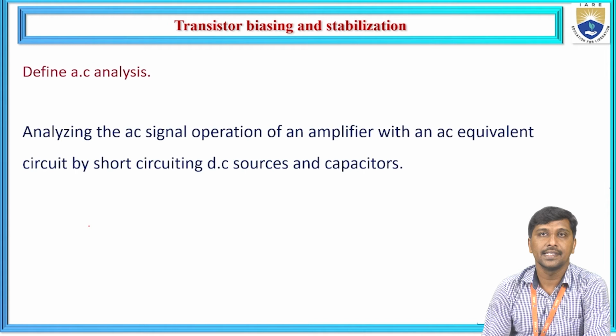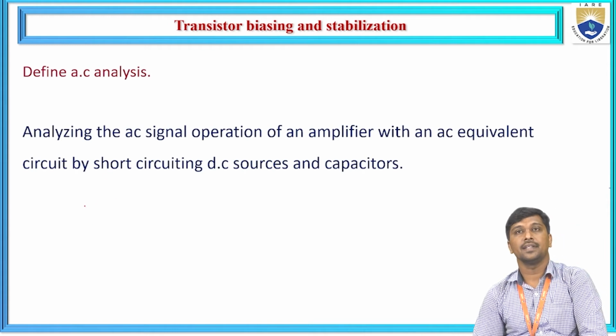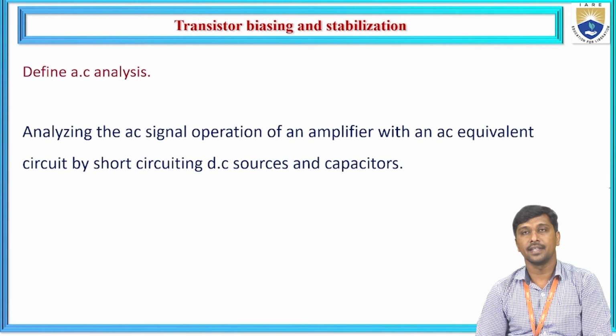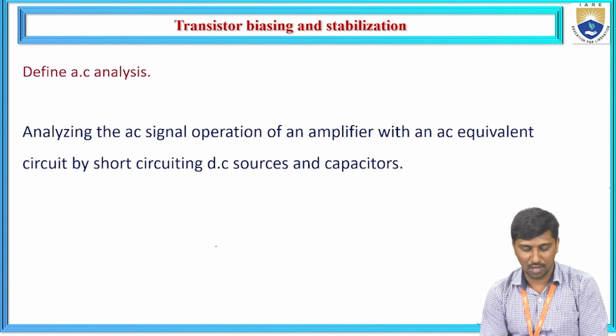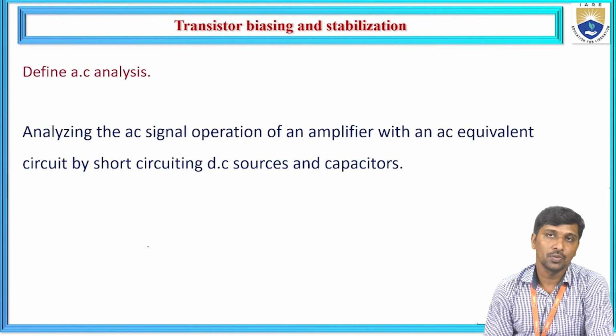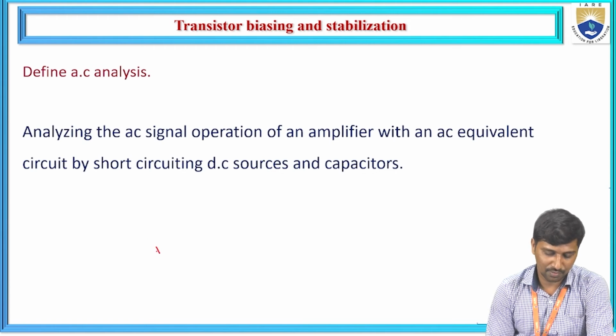Now define AC analysis. To identify the amplifying conditions, we need to identify the perfect Q point or operating point. So we need to do two load line analyses: one is DC load line analysis, and the other is AC load line analysis.